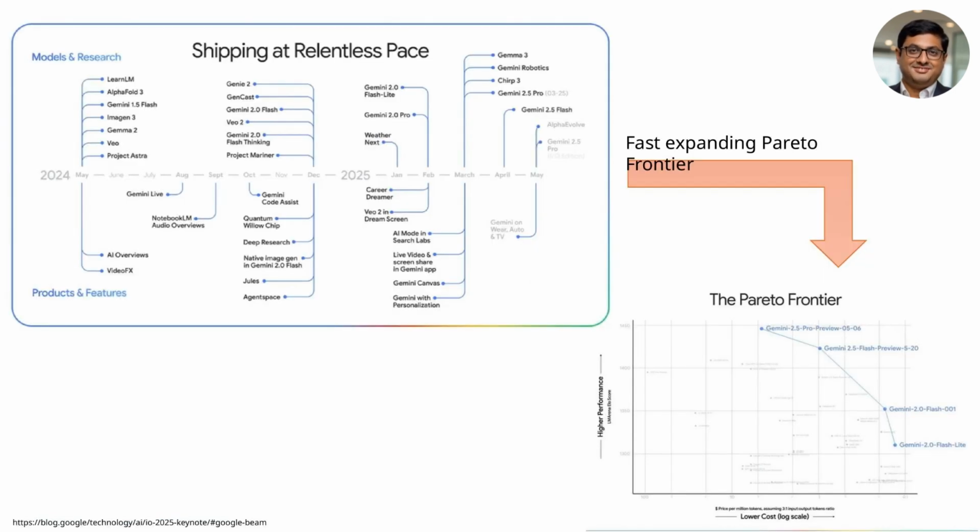The image on the left shows the relentless pace of software releases by Google between mid-2024 and mid-2025. We're seeing an explosion in the number of new products and features, especially in large language models. This surge in innovation is rapidly pushing out the Pareto frontier, meaning we're consistently achieving better performance at lower cost.